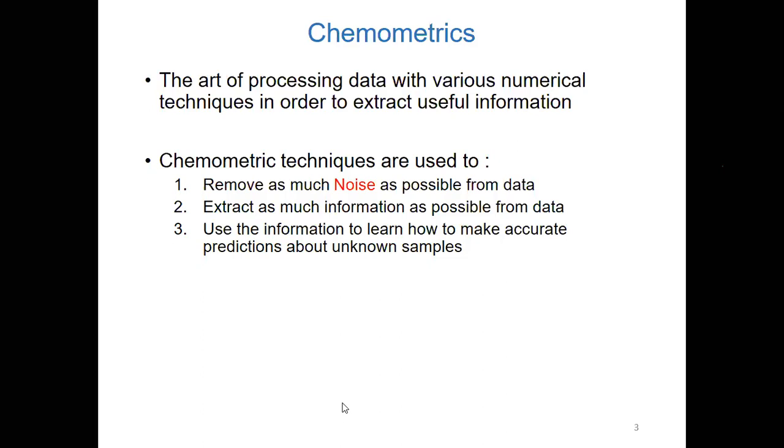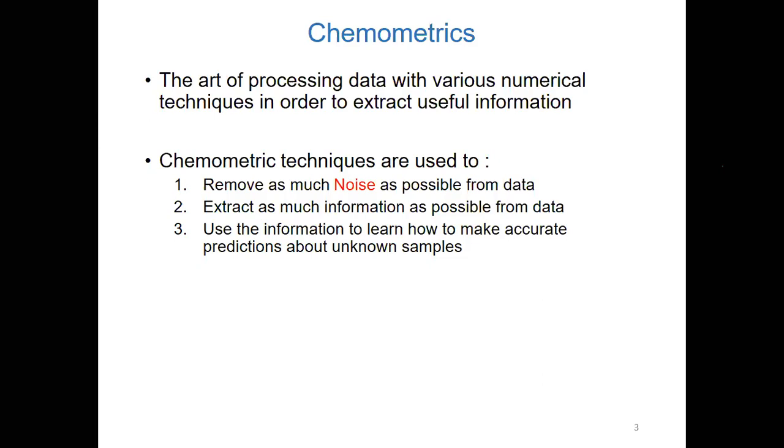The second one is to extract as much information as possible from the data. Even within a set of data, not all data are that informative. Therefore, we have to do some calculations, some modifications to extract as much information as we need. Information means we have to extract useful information from the available data. For that also, we have to use chemometric techniques.